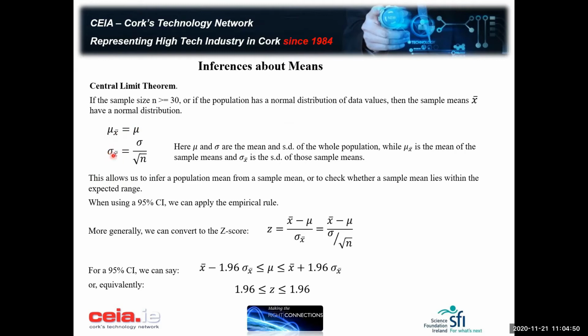It tells us that the standard deviation of these sample means is smaller than the standard deviation of the actual individual data samples, and is smaller by a factor of the square root of n. So the bigger the sample you take, the smaller the standard deviation of the sample mean is, which means in practice that your estimate of the mean from the sample becomes more accurate as this value n gets bigger.